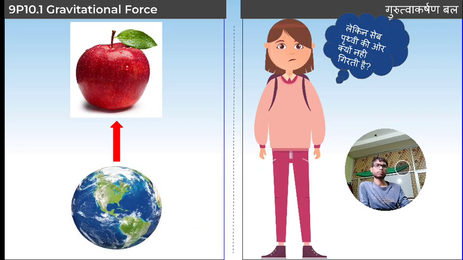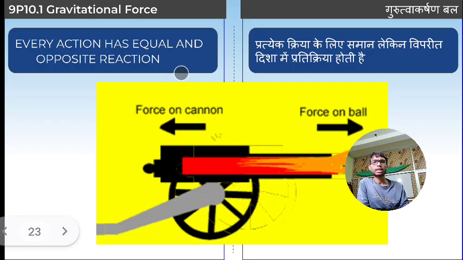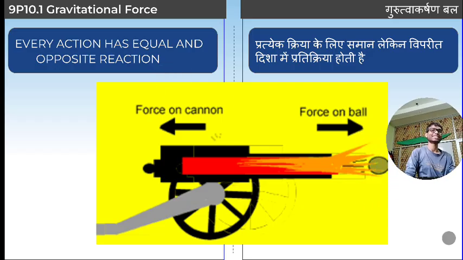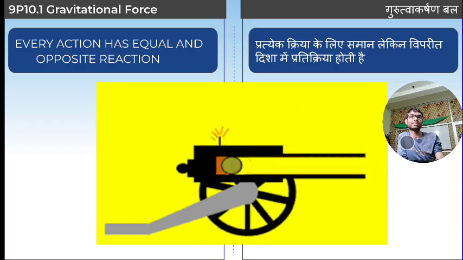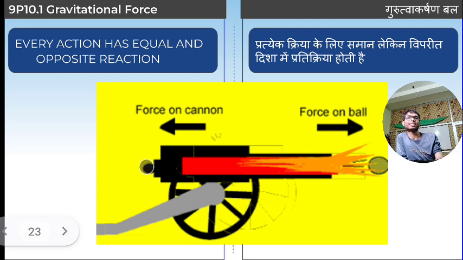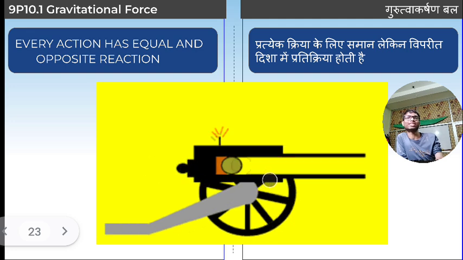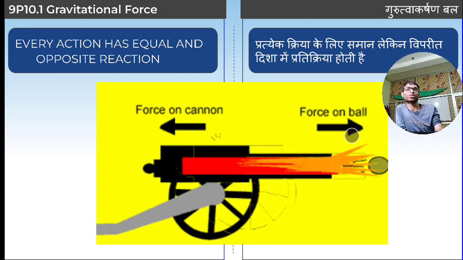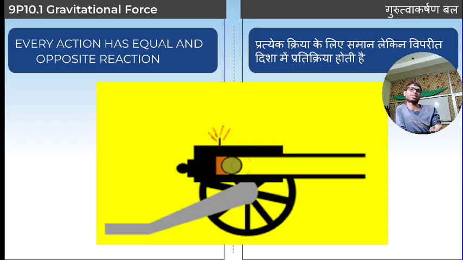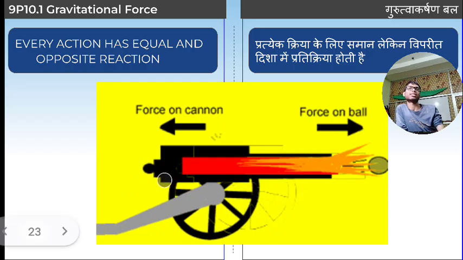Here every action has an equal and opposite reaction. This is Newton's third law. As you know, every action has an equal and opposite reaction. Here, this gun did the action, and this side is a reaction. Force on a ball and force on a cannon: this is action and this is reaction.